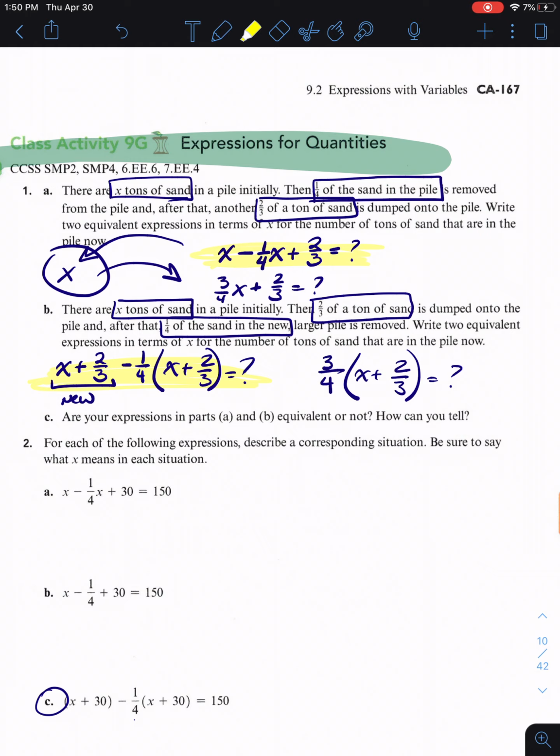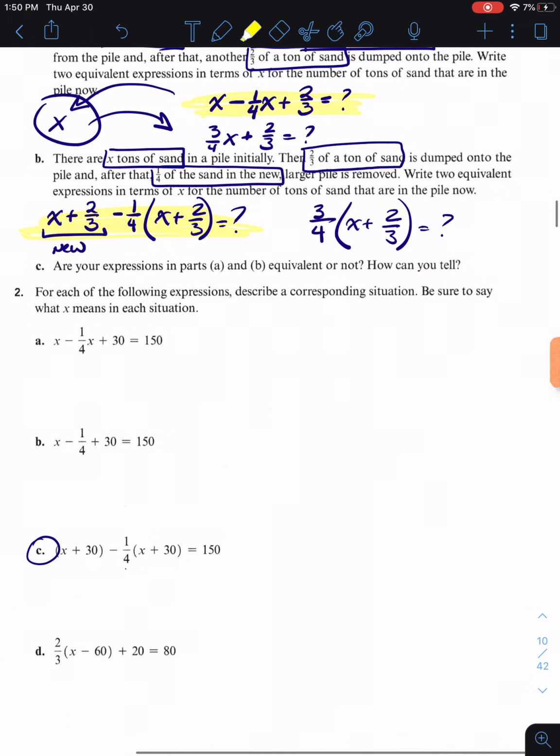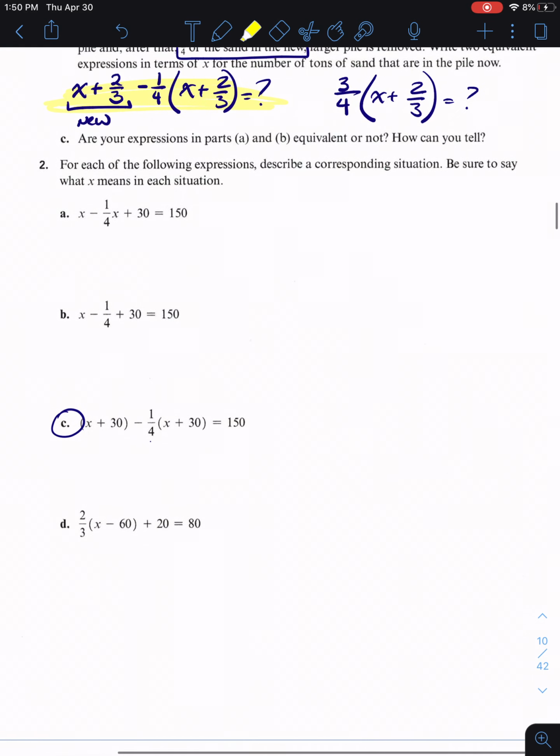Now, for question 2, we're asked to describe a situation. Let's make sure that we specifically express what X means. Specifically say what X means. So let's keep it at tons of sand. We'll start with tons of sand.